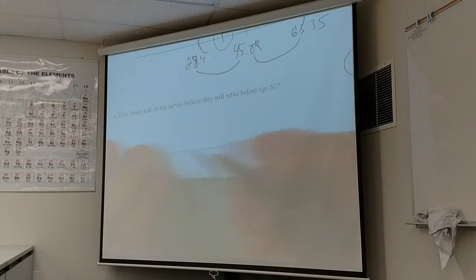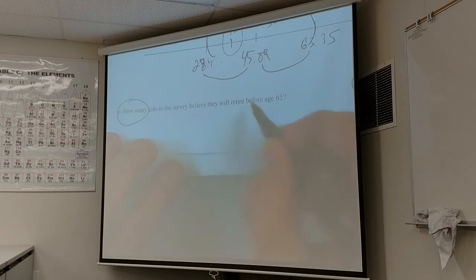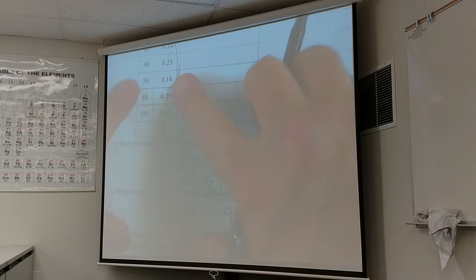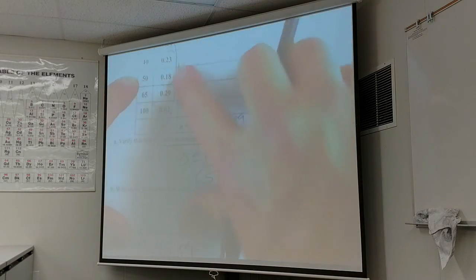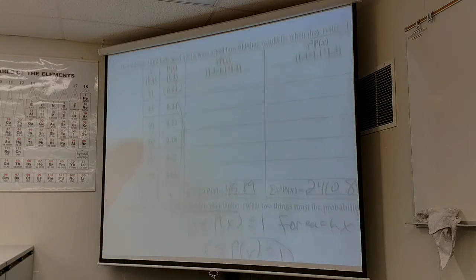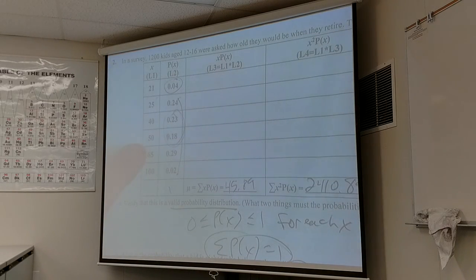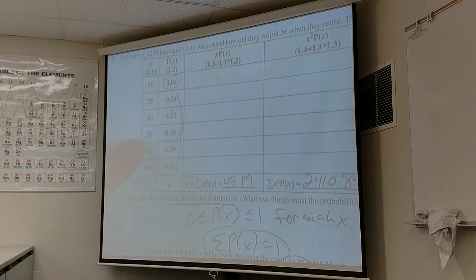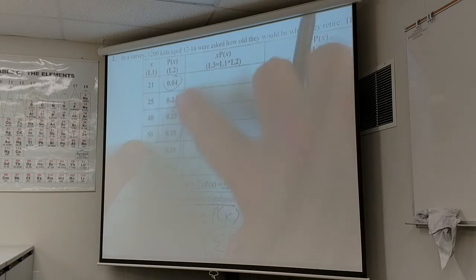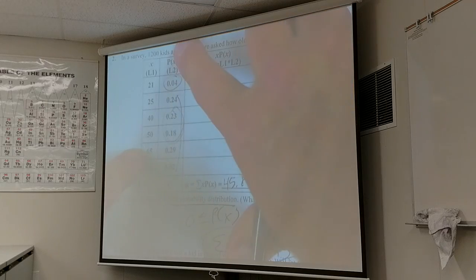Now I love this question. How many kids believe they will retire before age 65? I've got to do this in 2 steps. What percentage of the kids think they'll retire before age 65? Say again? 69%. Yeah, 69%. I like it. You just have to add up the percentages that are before 65.